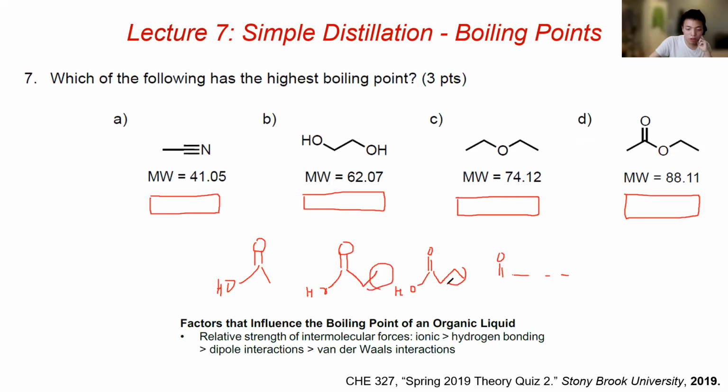The chain keeps growing. The longer the chain, the higher the boiling point. It only works if the functional group is the same. If the groups are different, then this rule doesn't apply.